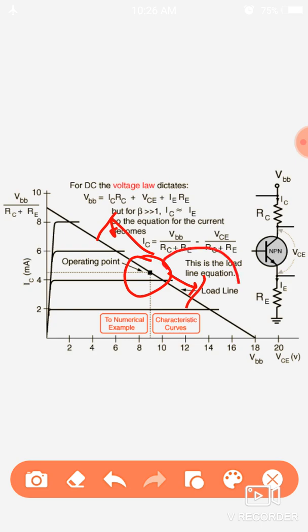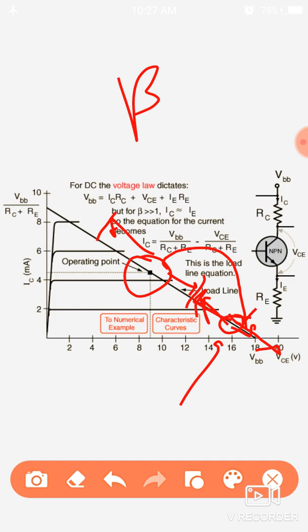But whenever this operating point is at the far right side of this line, then when the parameter beta changes with temperature, this point may also vary to left and right. Here the left is a safe zone with no effect of temperature, but whenever it shifts to the right side, it will disturb our result. So we always try to find the operating point in such a manner that it stays at the middle of the load line.